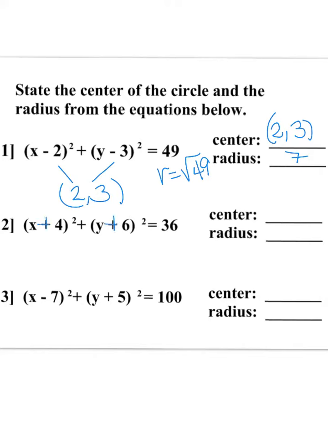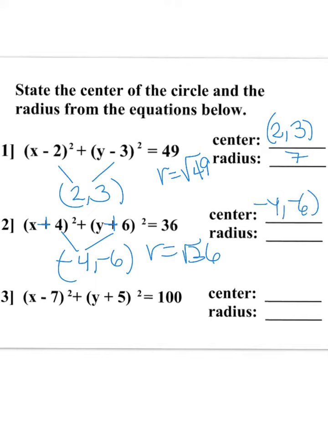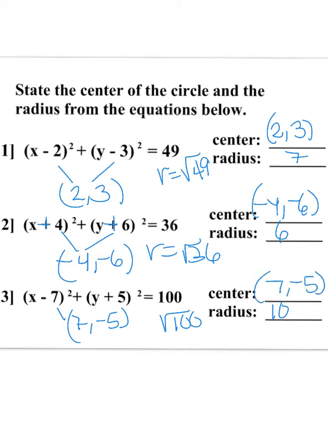That means I'm going to have to change the signs to a negative 4, negative 6. Radius is equal to the square root of 36. So negative 4, negative 6 goes here, and the square root of 36 is a radius of 6. Here I keep the 7, negative 5. Square root of 100 is my radius, so I get 10. See, very simple.